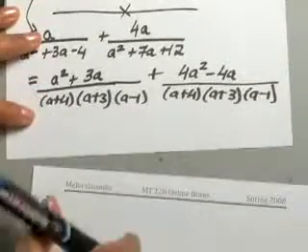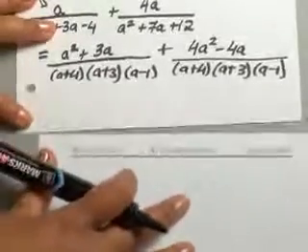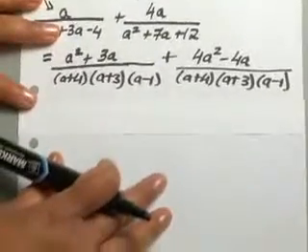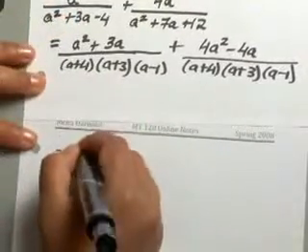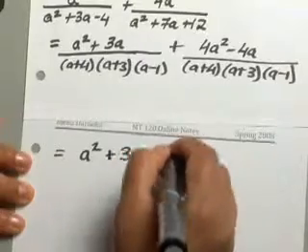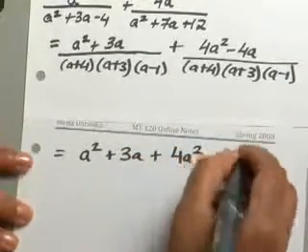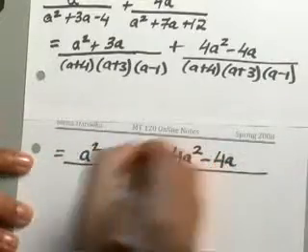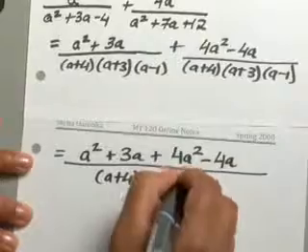Alright, so now we can add our numerators together. So you have a squared plus 3a plus 4a squared minus 4a, and this whole thing over your least common denominator.